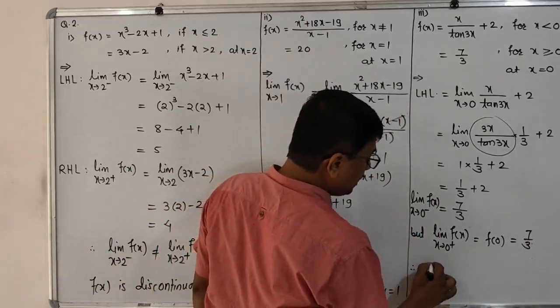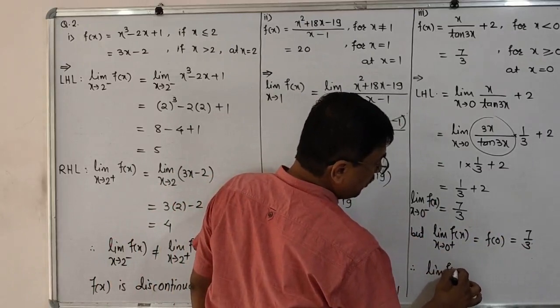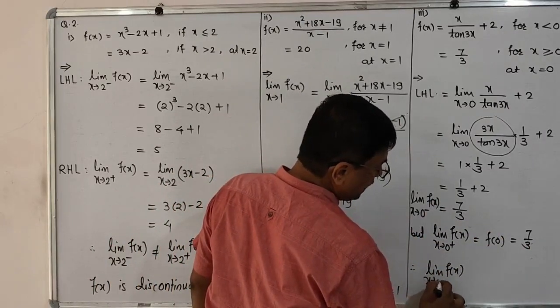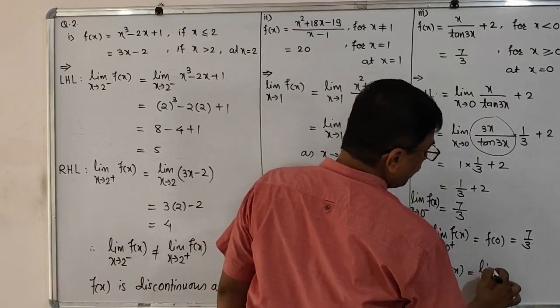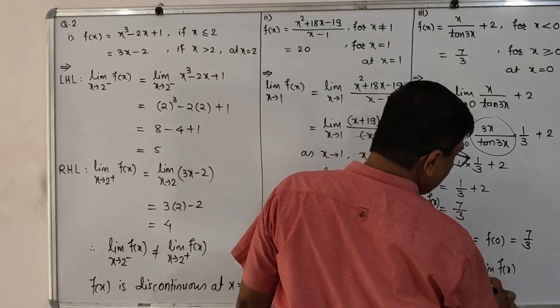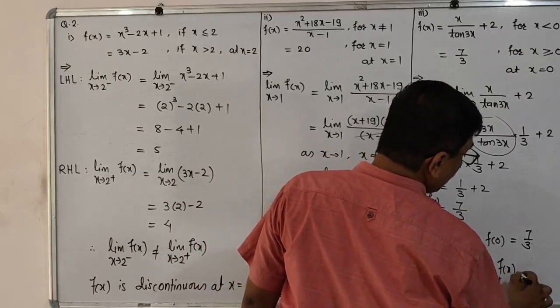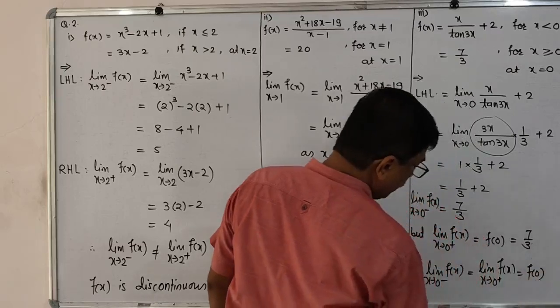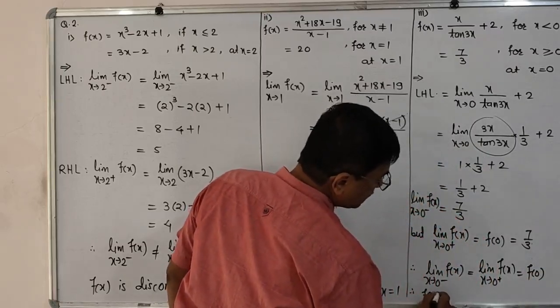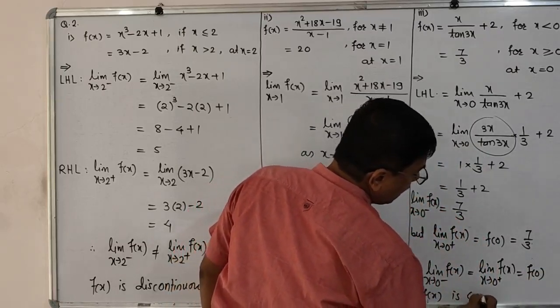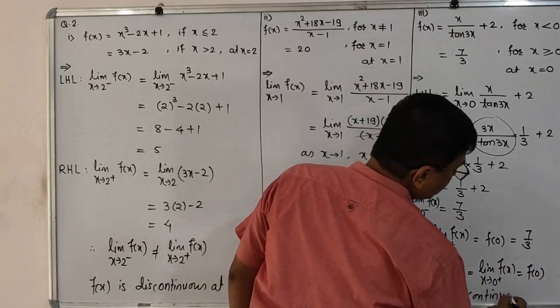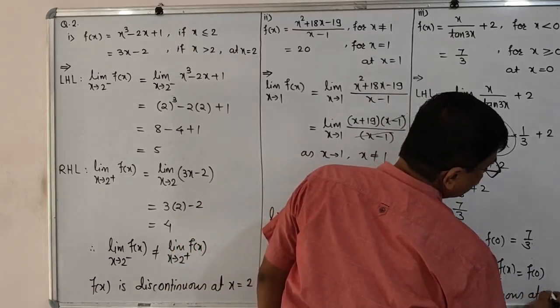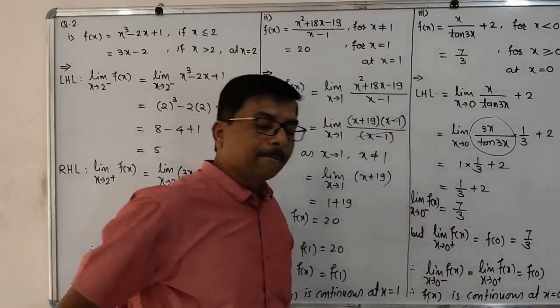Therefore, LHL is equal to RHL, means limit of f of x as x tends to 0 minus is equal to limit of f of x as x tends to 0 plus and f of 0, all are equal. Therefore, we can say that f of x is continuous at x is equal to 0.